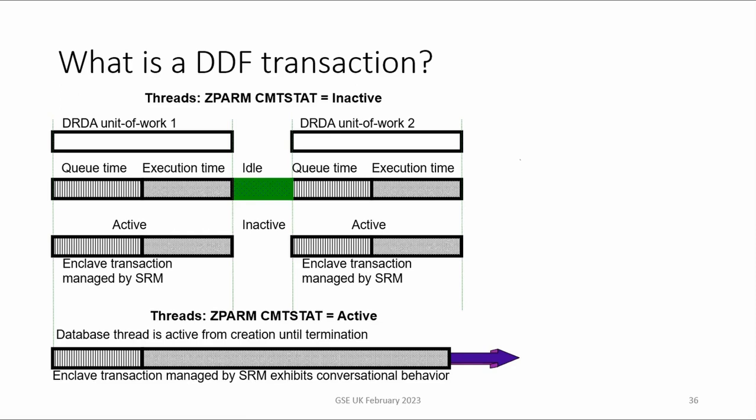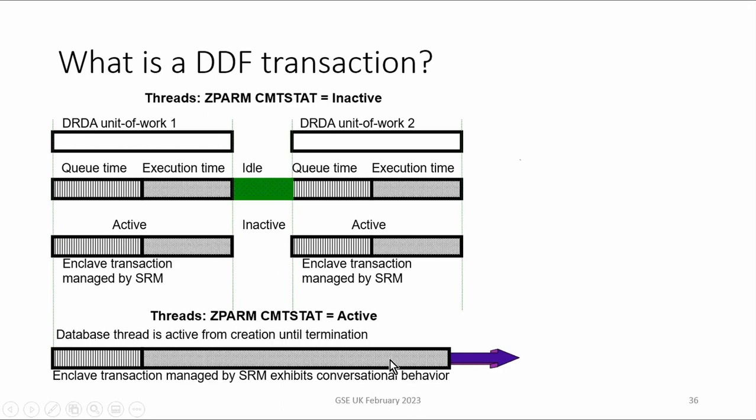It means that from WLM's point of view, they're going to behave like one really long transaction, and WLM won't know how many times it actually got invoked. DB2 will tell it later, but it's not quite the same as WLM knowing, because right here, WLM knows exactly what's happening, right?